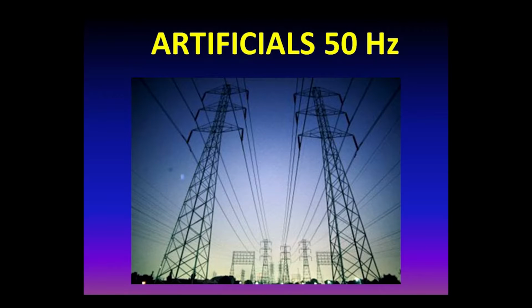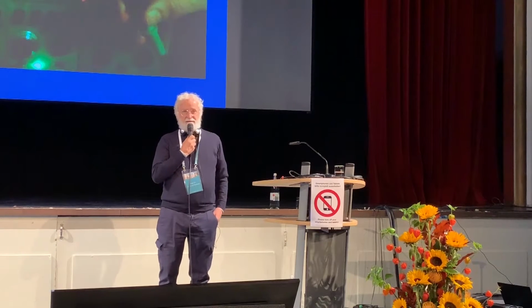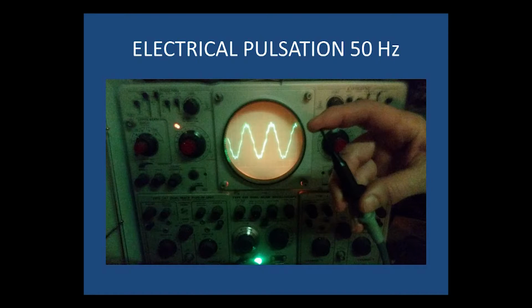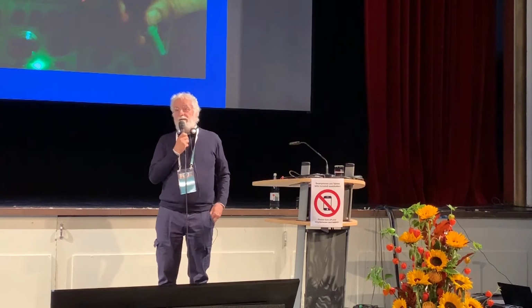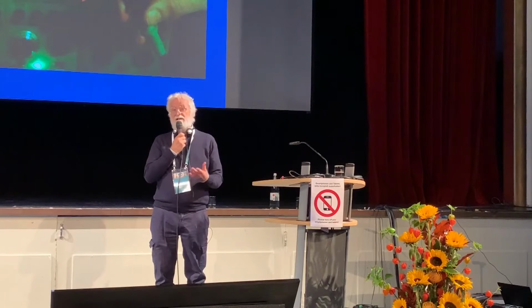The artificial electromagnetic fields come from the power lines, for example, or from the use of electrodomestics. If you take an oscilloscope and touch the probe, you can see that your body is pulsing at 50 Hertz like the current we use in houses. And this pulsation is a stress for the body.